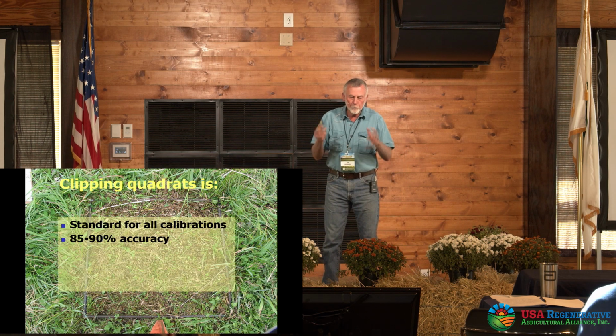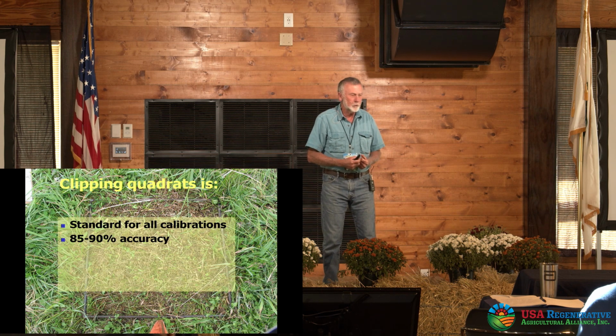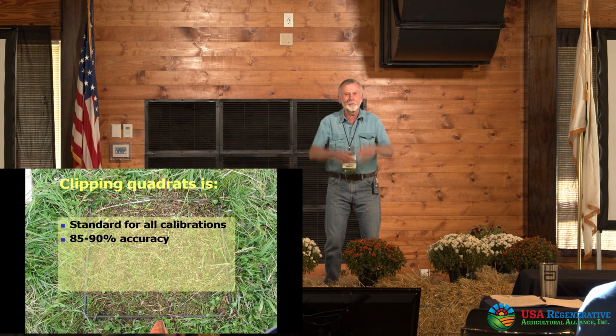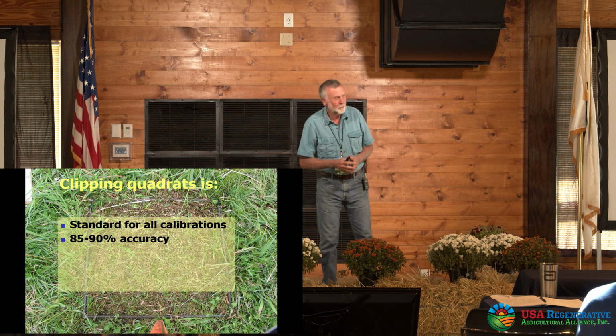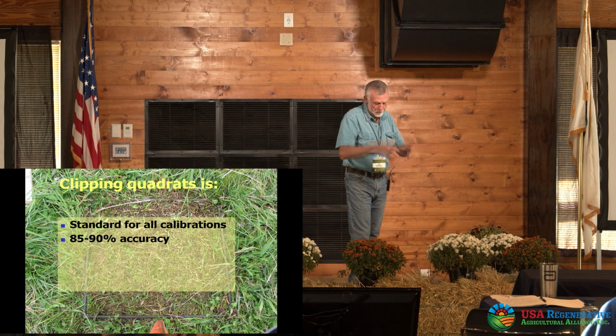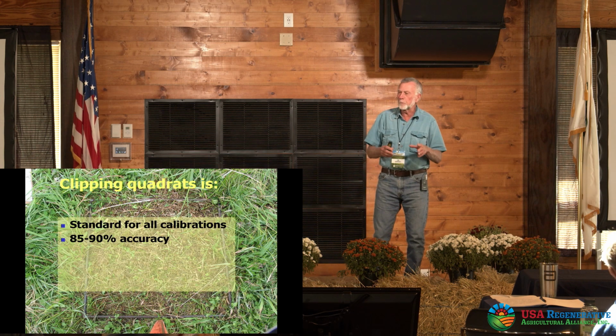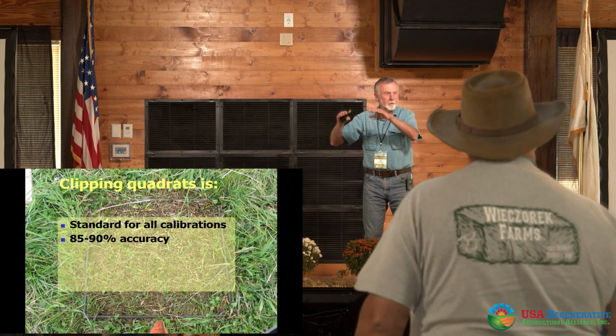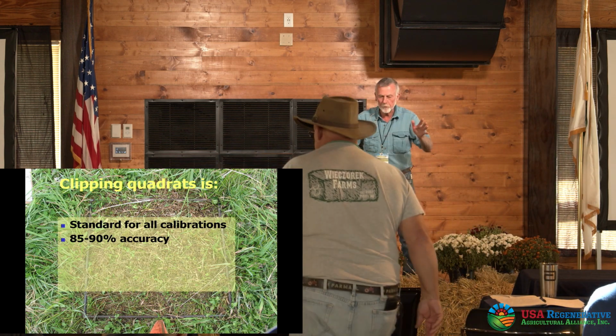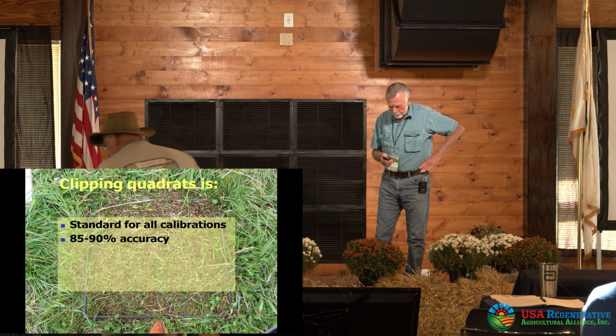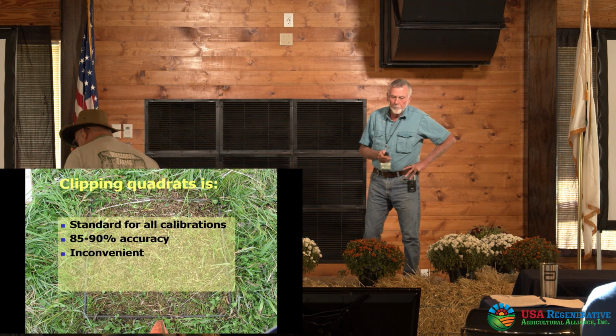When we would first have summer work students come in at the start of the summer and they're clipping quadrats, our standard error goes up. Then you train them, you remind them, you show them how to do things, and as the summer progresses, the standard error comes down because they're doing a better job of it. But 85 to 90% accuracy is what we get on this.